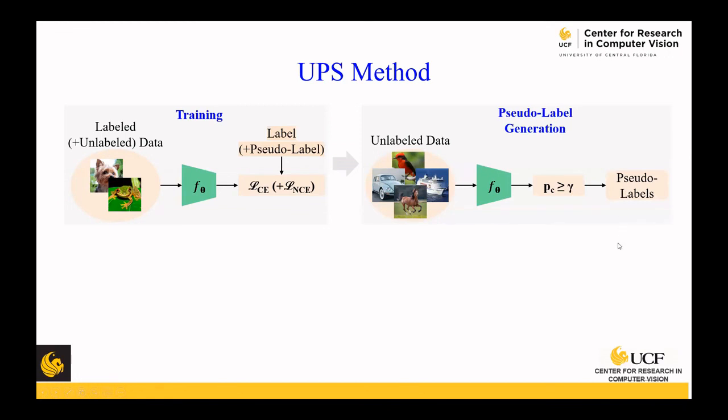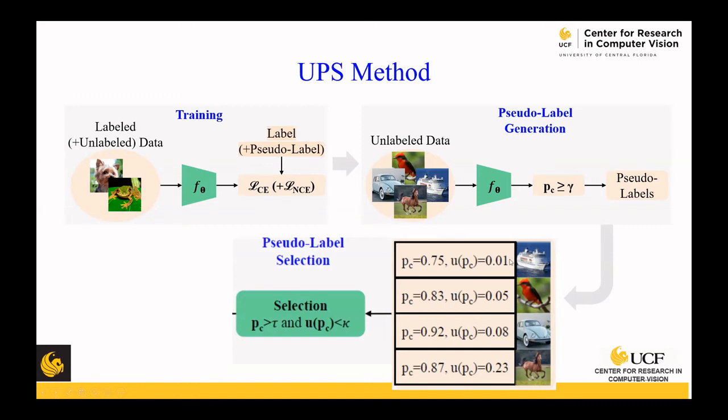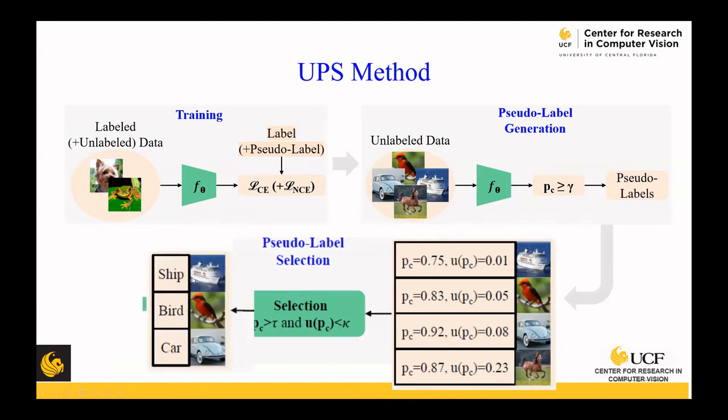But we also want to look at how certain we are. Using this uncertainty, we don't use all of these. We select the ones which are certain, we add these to the labeled data, and we train again. So we go through this cycle.